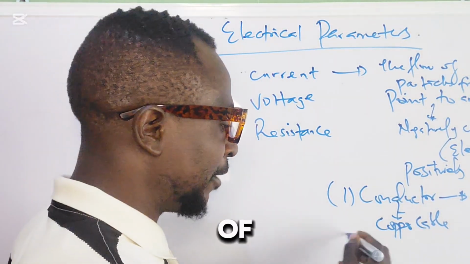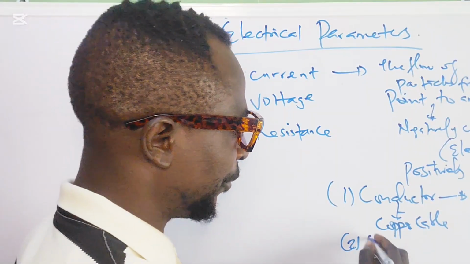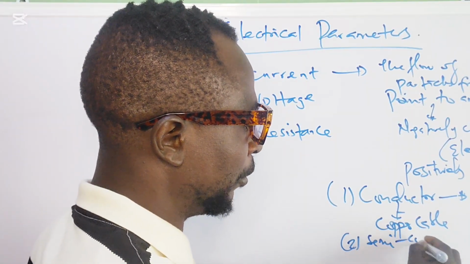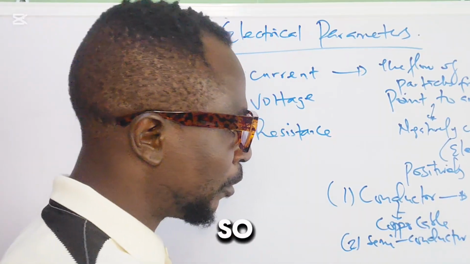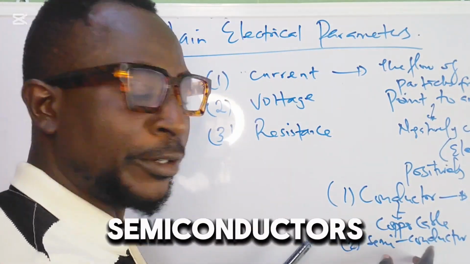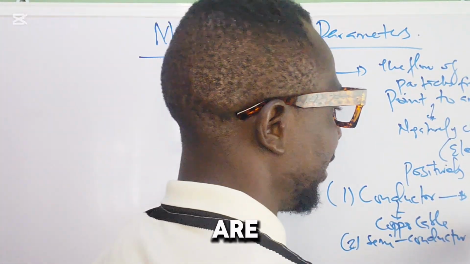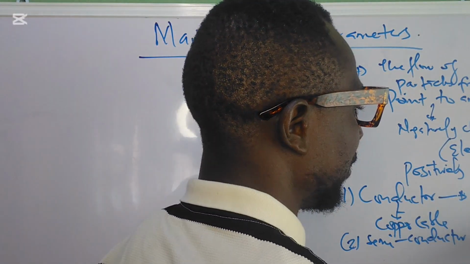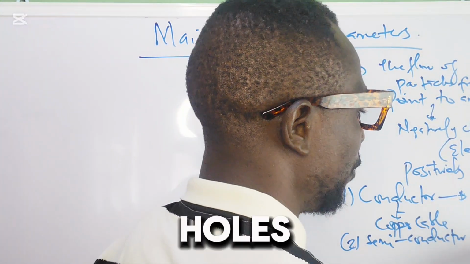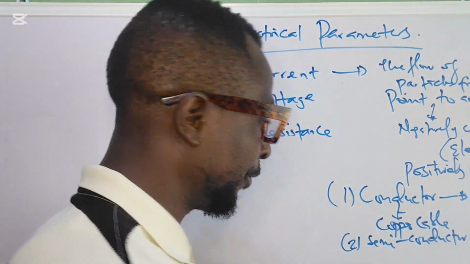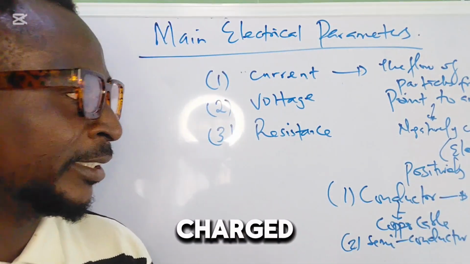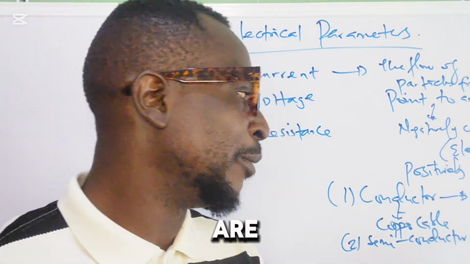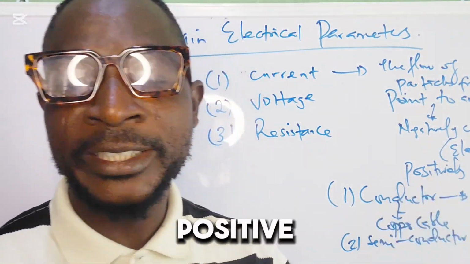Then we talk of another medium, semiconductor. So what constitutes current in semiconductors are electrons and holes. So that is the reason why I said some are negatively charged, while some are both negative charge and positive charge particles.